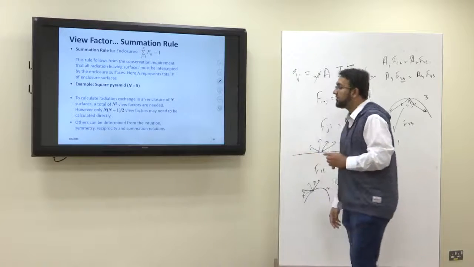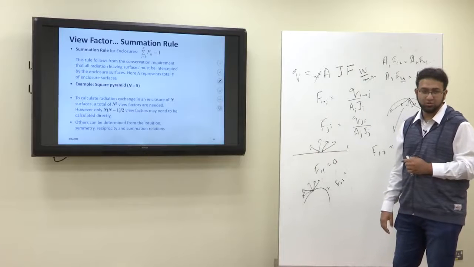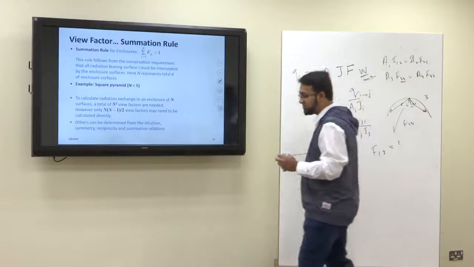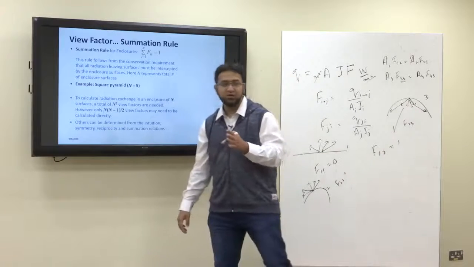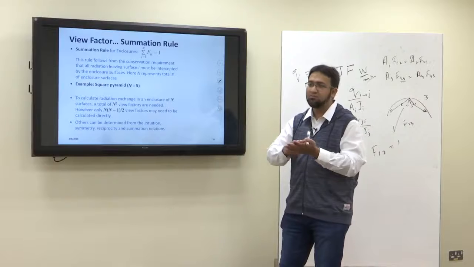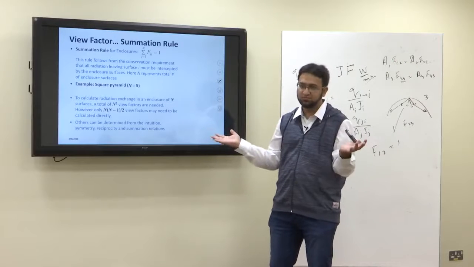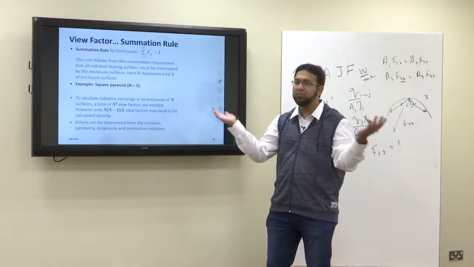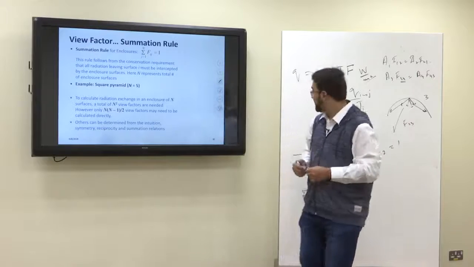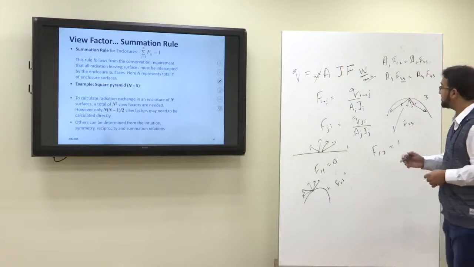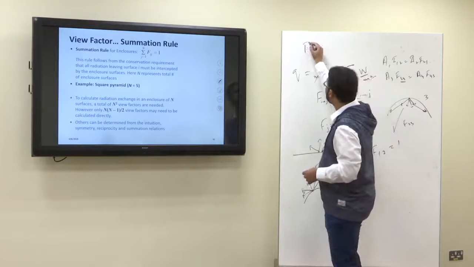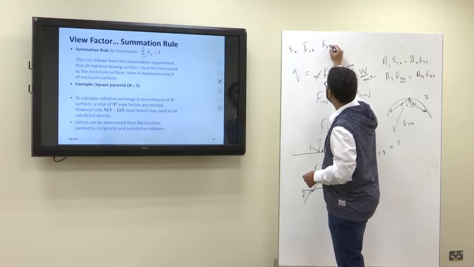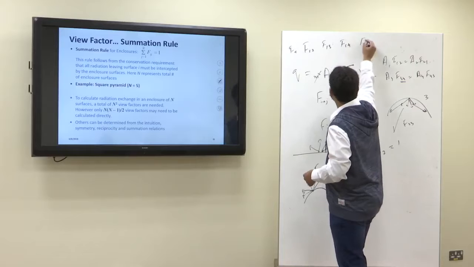Then we have the enclosure law or summation law. What does the enclosure law or summation law mean? The total amount of energy leaving one surface must reach other surfaces, and if you add them all up together, it will be equal to 1. So suppose I have 5 surfaces and I have F11, F12, F13, F14, F15.